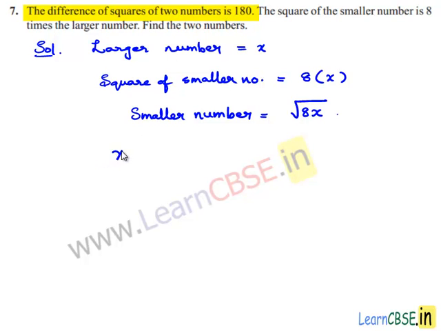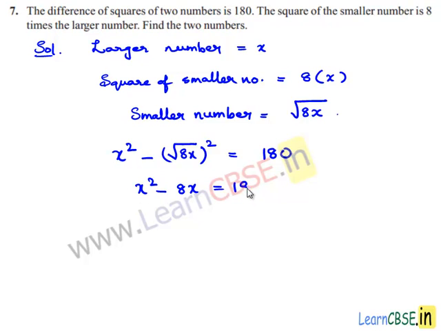That is, square of larger number minus square of smaller number is equal to 180. So we can write x square minus 8x is equal to 180. X square minus 8x, transposing 180 to left hand side, we get minus 180 is equal to 0.